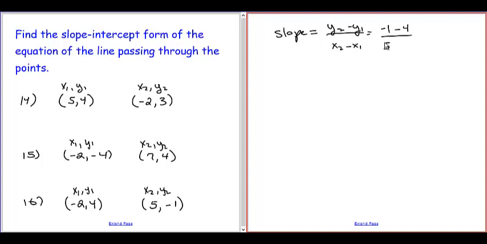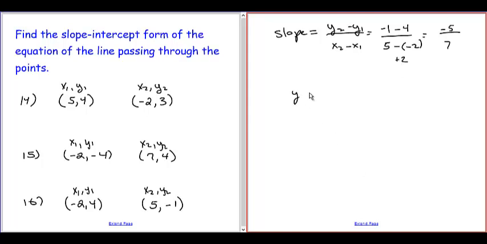Take x2, which is 5. Subtract x1, which is negative 2. So negative 1 minus 4 is negative 5. 5 plus 2 is 7. So I replace this with plus 2.